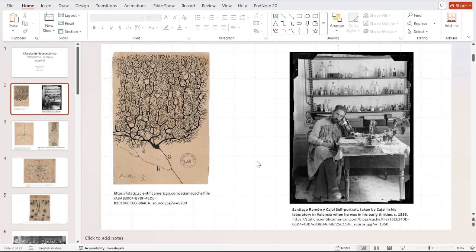Initially, before 1887, he was working on several other aspects of human biology as well. But in 1887, he decided to abandon them all in favor of only trying to understand the nervous system.